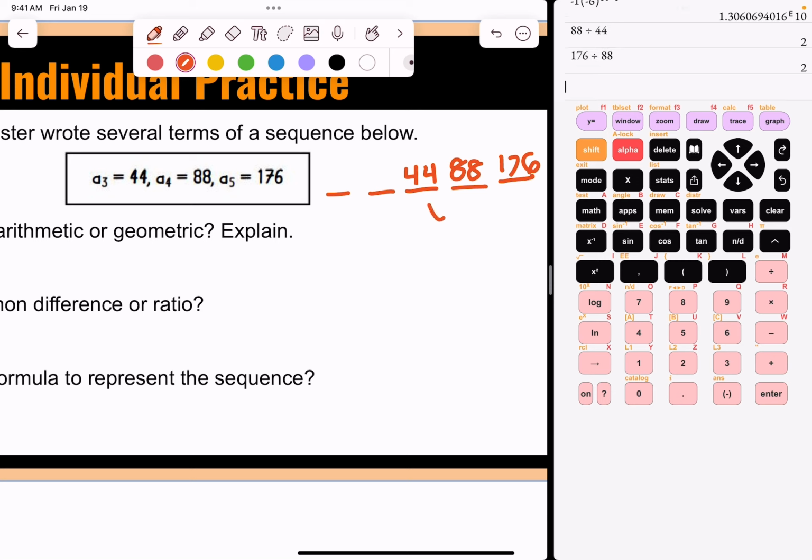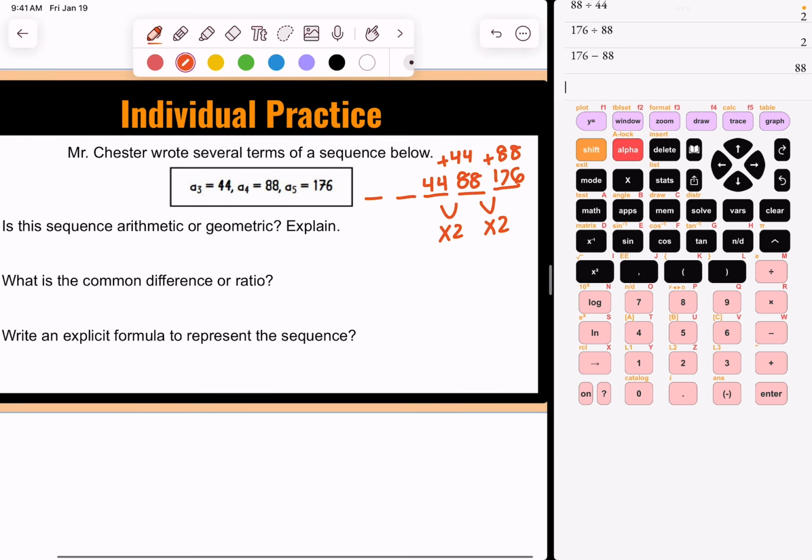We're multiplying by 2. It wouldn't be arithmetic because 44 to 88 is adding 44, but then 88 to 176, you had to add 88, which is not the same amount. So it would be geometric because multiplied by 2, which means that we have a ratio of 2.